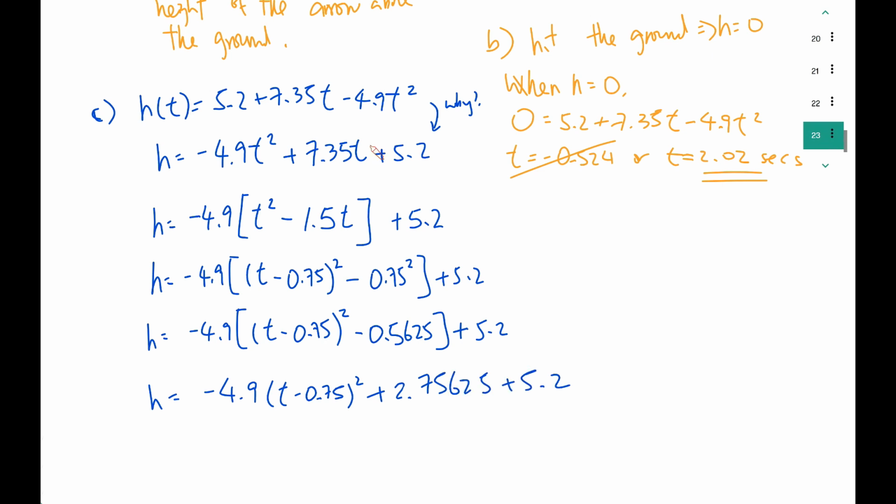I didn't forget to add my 5.2. Then I will do 2.75625 plus 5.2, which is 7.95625. So h equals negative 4.9 bracket t minus 0.75 squared plus 7.95625. And that's my answer, right? And that's the answer.